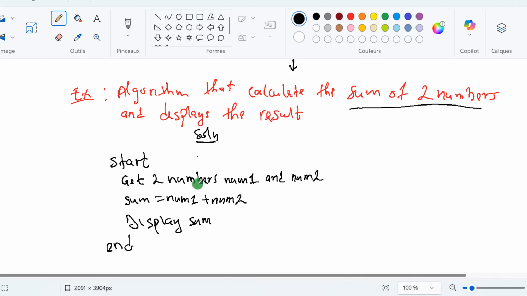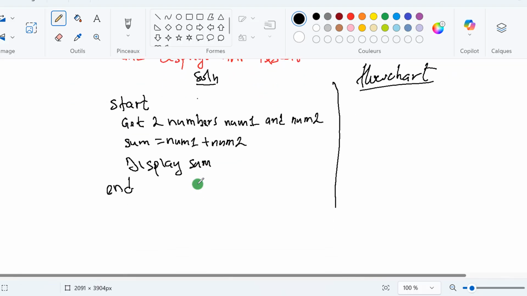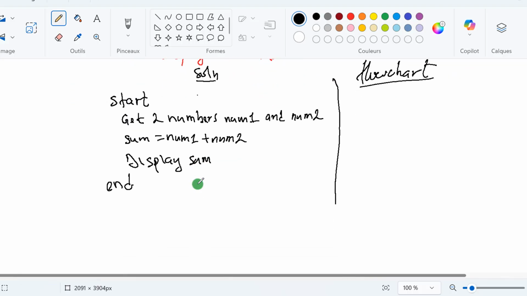Okay, so now we are done with pseudocode representation. So let us go now to the flowchart representation of this same algorithm. For the flowchart, let me just do a simple translation. So there's no problem. First instruction here, you see start, and you know that start is what? Oval. So you draw your oval for start. You draw a line. The next thing is what? Get two numbers, num1 and num2.